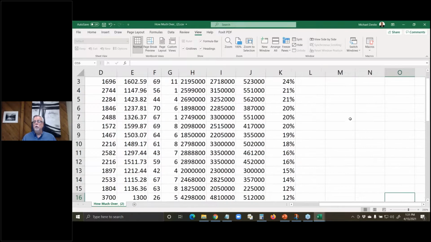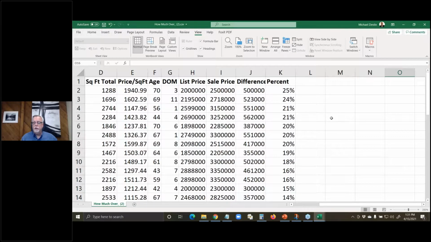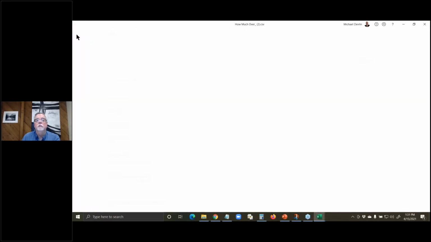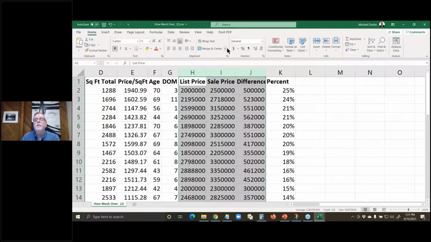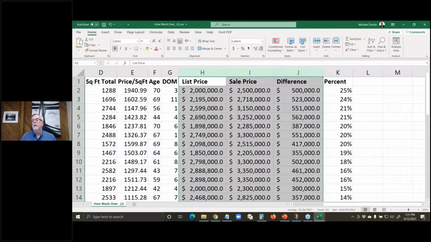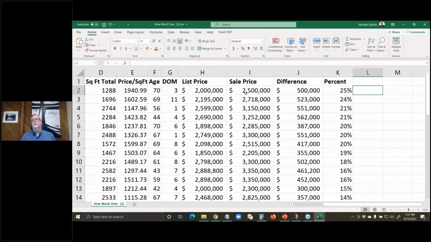But the reason for me doing that is, in this particular market, does it make sense for us to list it low and then to sell high? Does that actually make sense? Look at this, right?